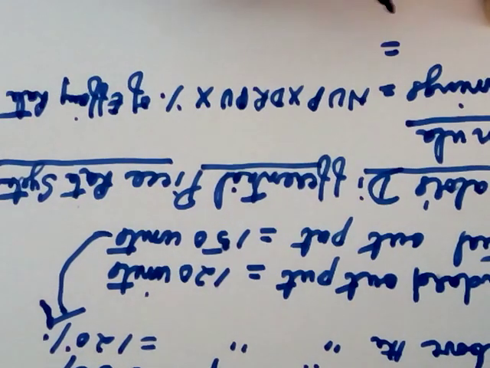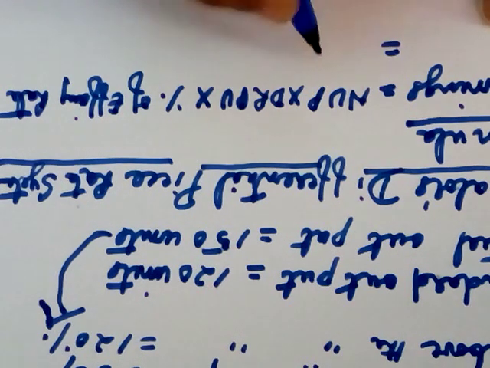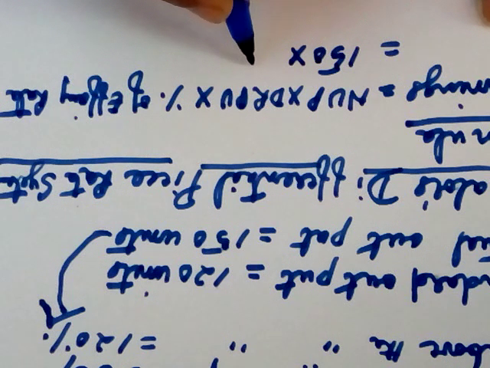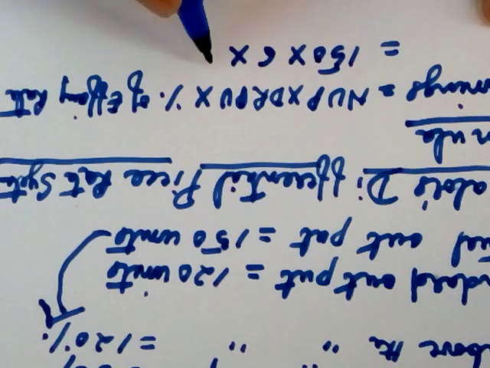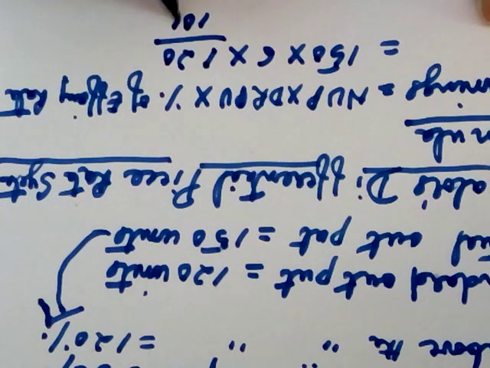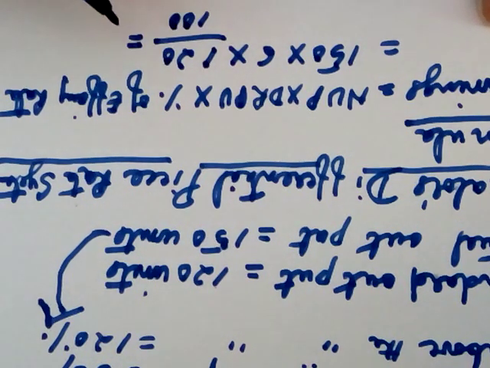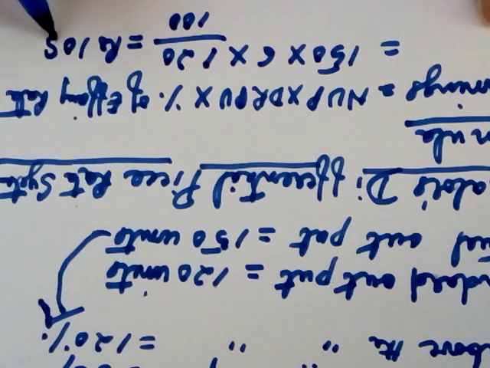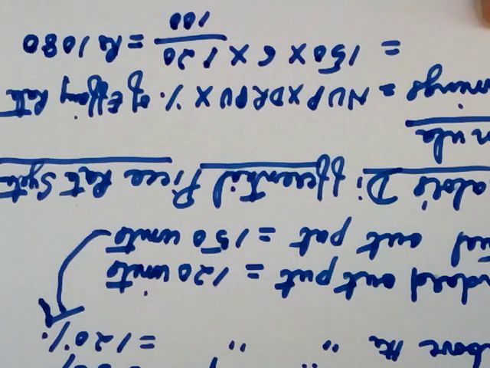Here, number of units produced is 150 units into differential rate per unit 6 rupees into percentage of efficiency 120%, 120 by 100. Here earnings comes to rupees 1080.